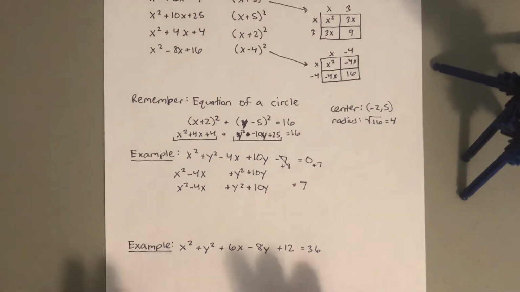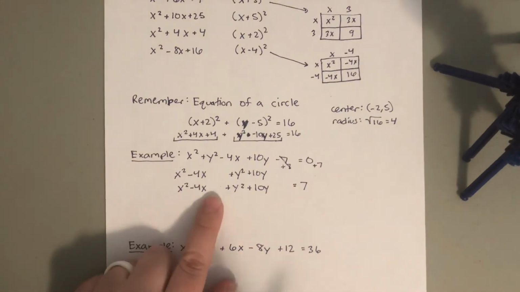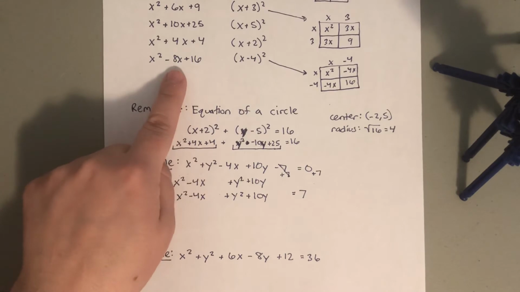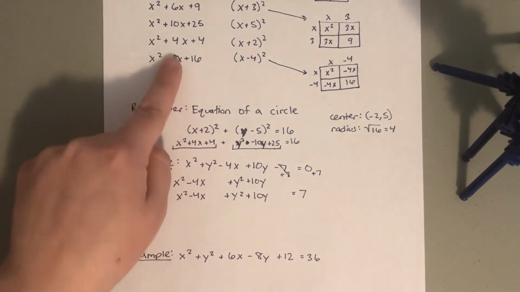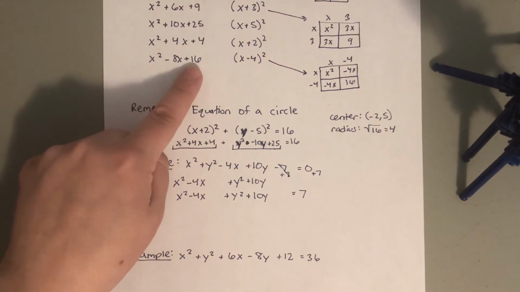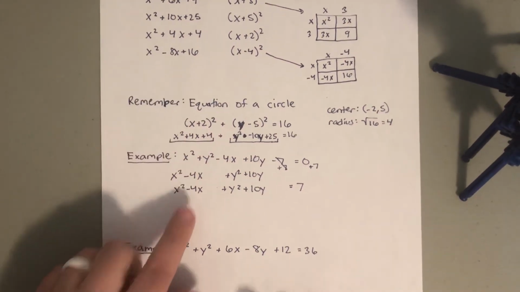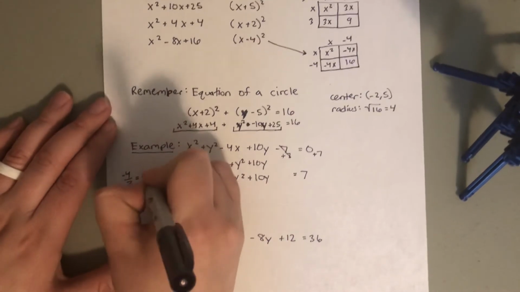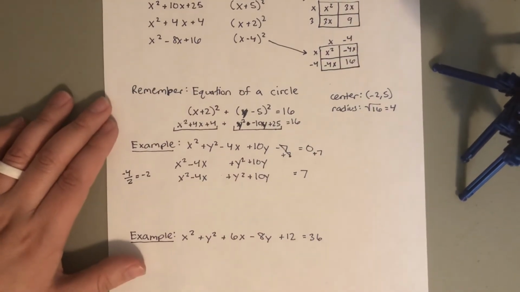Now what I'm going to do is think, what would have to be right here to make this fit this pattern? Well, in this pattern, I always take half of this number, and then I square that to get this number. So half of -4 would be -2.